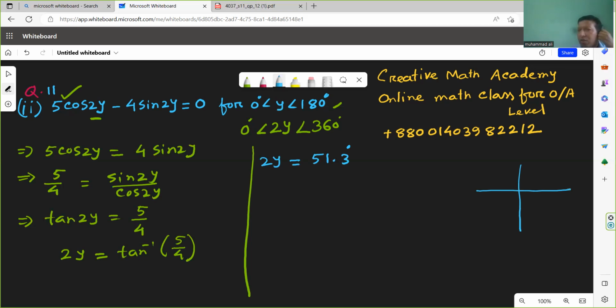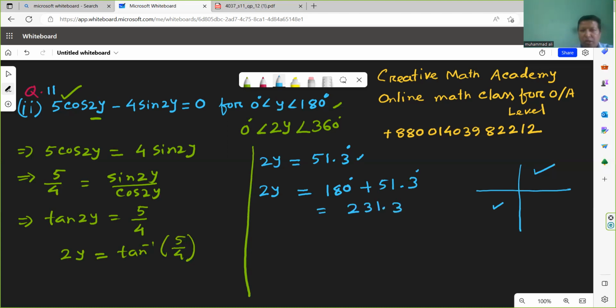Now we check where tan is positive. Tan is positive in the first quadrant and also the third quadrant. Already we got the result in the first quadrant. So for the third quadrant result, we add this acute angle to 180 degrees. So finally we get 231.3 degrees.